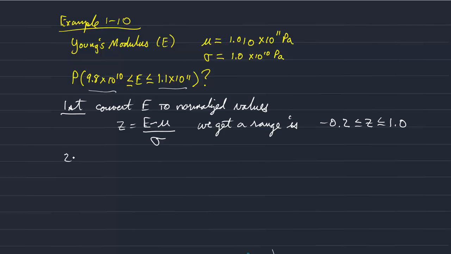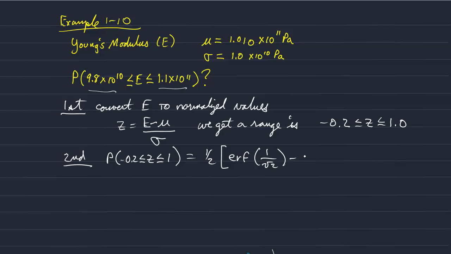And so the second part of solving the problem is just to evaluate the probability of Z being greater than minus 0.2 and less than or equal to 1, and that's equal to 1/2 times ERF of 1 over the square root of 2 minus ERF, the error function, of minus 0.2 divided by the square root of 2, and the answer is 0.4206.